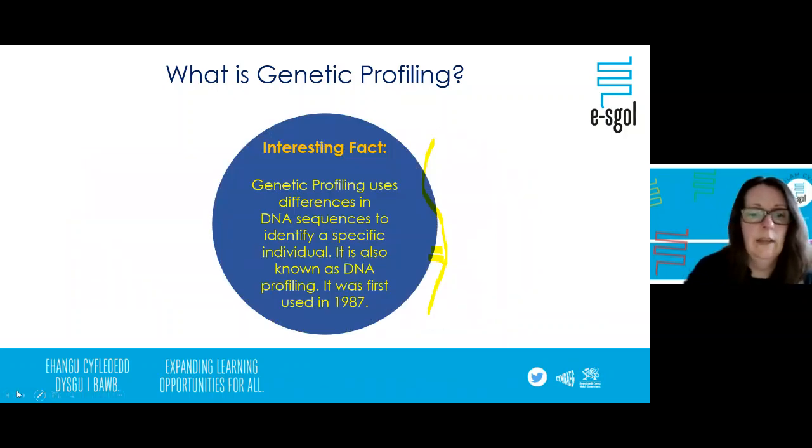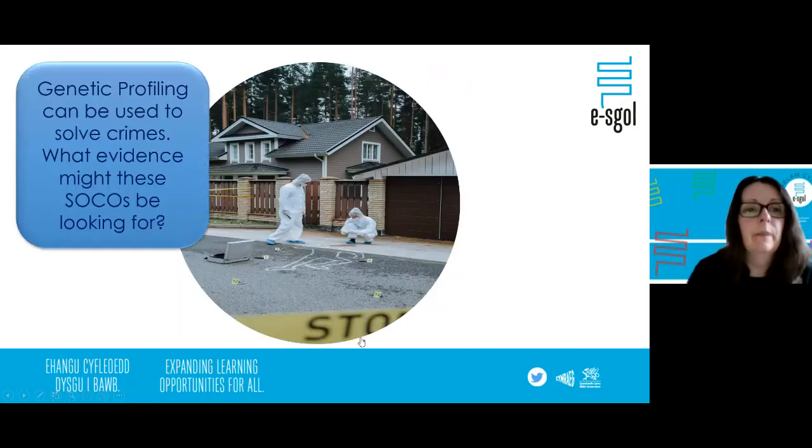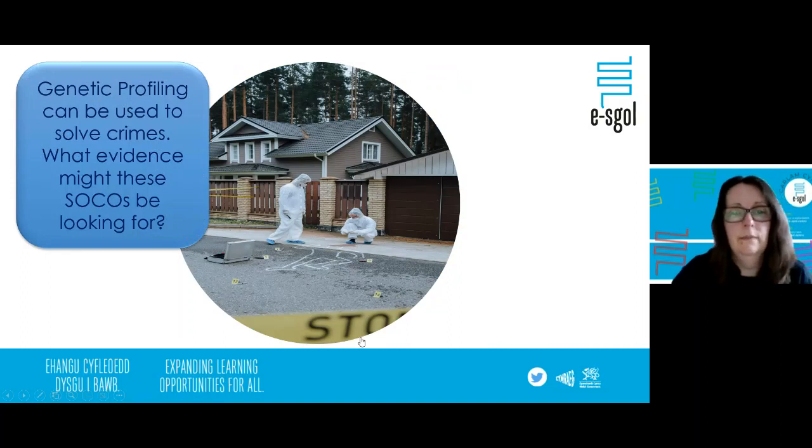And genetic profiling uses sequences here. It is sometimes used as, or known as, DNA profiling, and it was used as early as 1987. Okay, so this image here shows us some scenes of crimes officers, and they are looking for evidence.